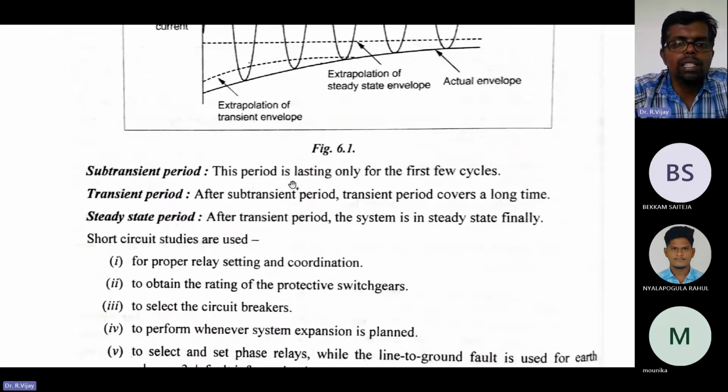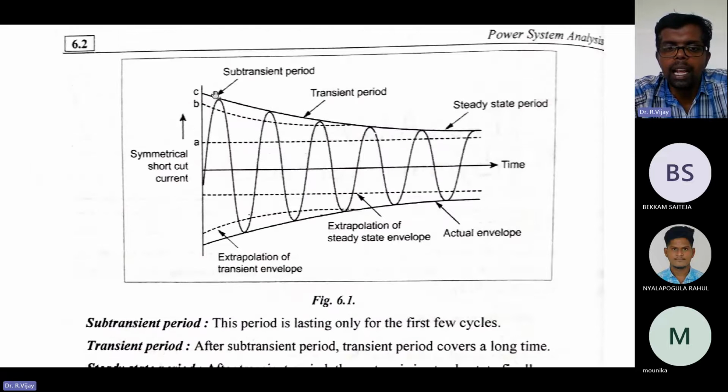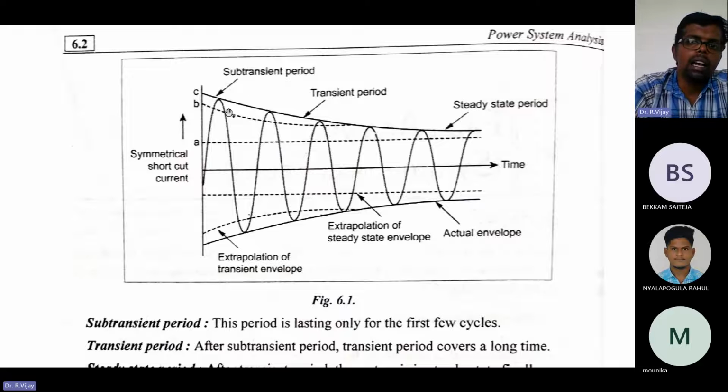Next step. So what is the sub-transient period? The sub-transient period lasts only for a few seconds. Say, for example, due to some faults, that fault might last even 1 minute. Say a sudden breeze or some heavy wind flow is happening in a particular area.